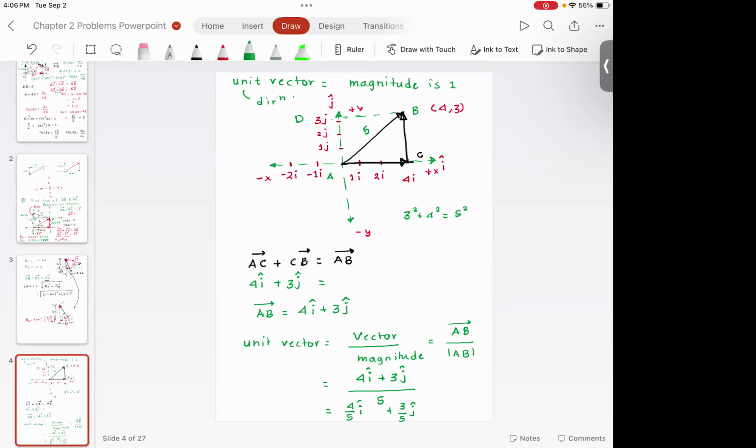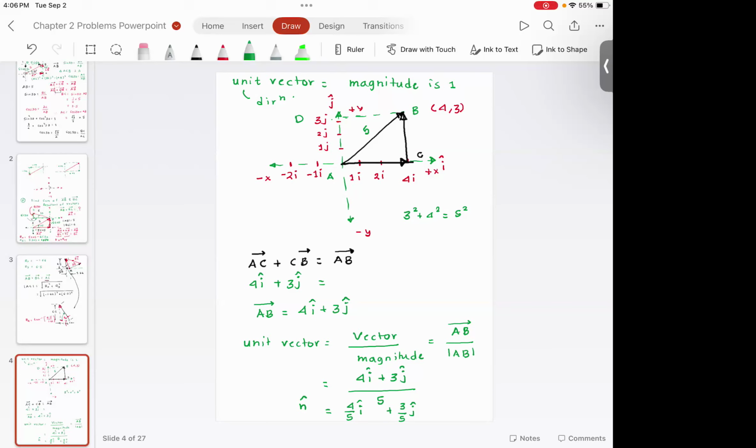This represents the orientation of this vector AB. I'm going to call this n hat. This is the unit vector n hat. So if you look at the 4 by 5, it only tells you how to orient yourself. 4 by 5 is also called the direction cosine.